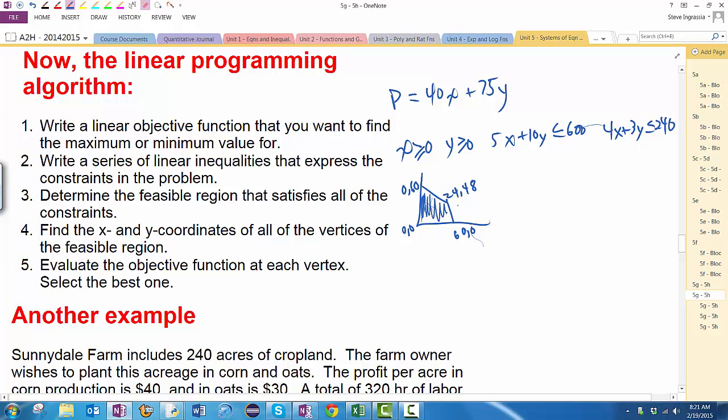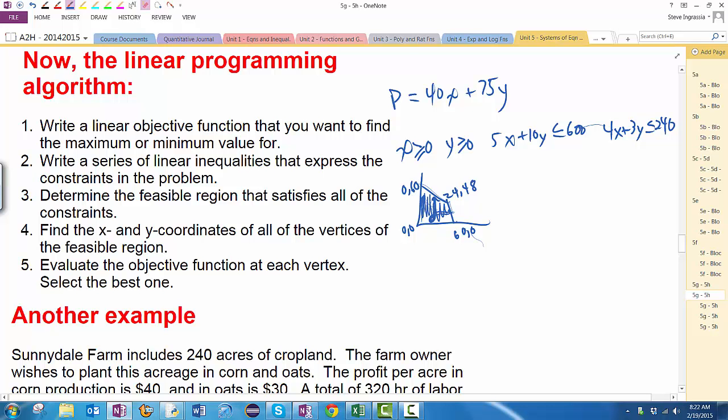Anything that's inside the shaded area is going to be feasible. I can make this number of bookcases and this number of desks. But I can make more bookcases. I can make more desks. I can be moving up. I can be moving to the right without exceeding my constraints. I exceed the constraints once I pass the boundary of the feasible region. So I want to push as far as I can to the boundary.